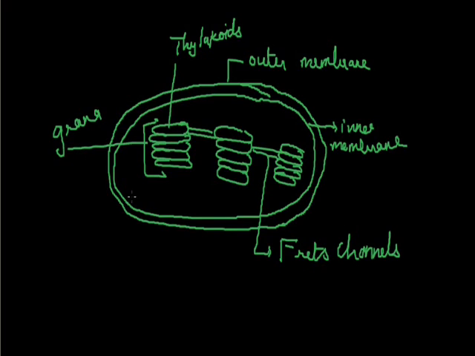The portion in which grana are embedded is called the stroma. The stroma is the site for the dark reaction, and the grana is the site for the light reaction which takes place in photosynthesis.